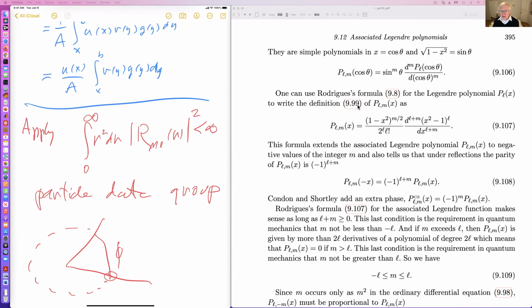And one can use Rodrigues' formula for the Legendre polynomial to write this as that, because PL is already 1 over 2 to the L L factorial, the mth derivative of (x squared minus 1) to the L.